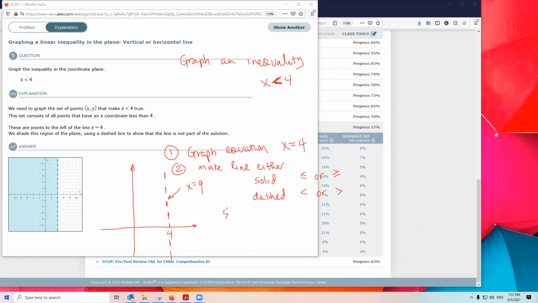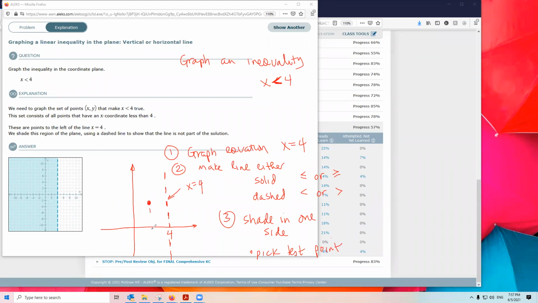All right, now the last step is shade in one side of the line. I can either shade in the left side or the right side. Well, one thing I could do is just pick a test point to use. So I'm going to pick a test point. It could be any test point I want. I'm going to pick a point over here, let's say.